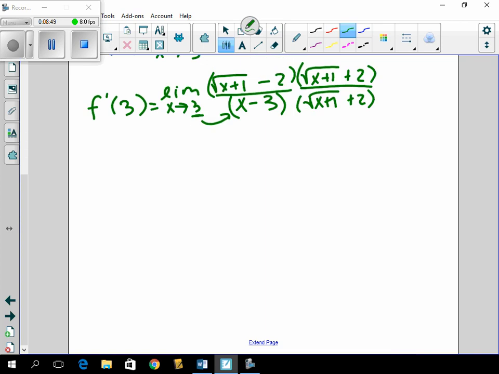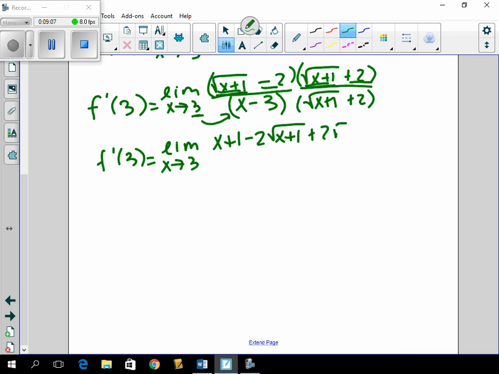So then f prime of 3 equals the limit as x approaches 3. The square root of x plus 1 times the square root of x plus 1 is just x plus 1, and then minus 2 root x plus 1, plus 2 root x plus 1, and then minus 4, all over x minus 3 times root x plus 1 plus 2.